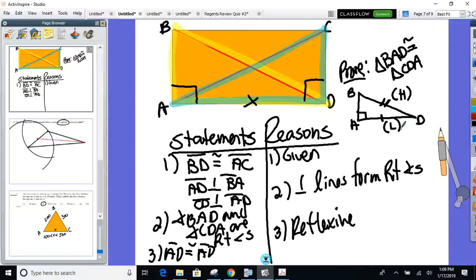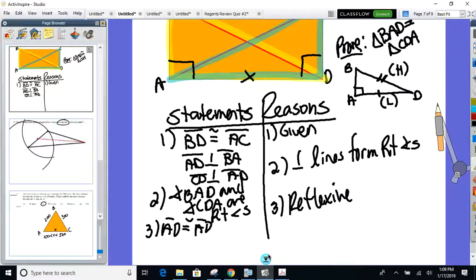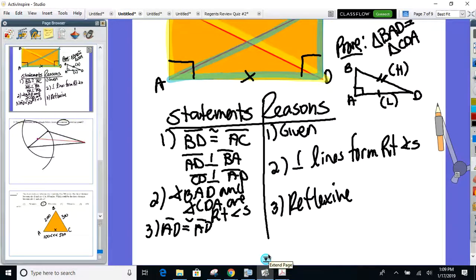Now, next thing. You do not need to say the right angles are congruent if you're using HL. Can you? Yes, that's fine. It's not incorrect, but you don't need to. But you do need one key piece in there if you're going to use HL. Triangle BAD and triangle CDA are right triangles.